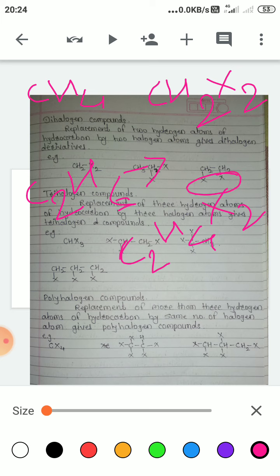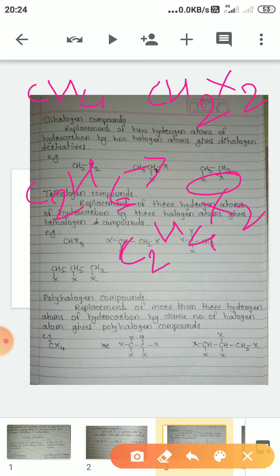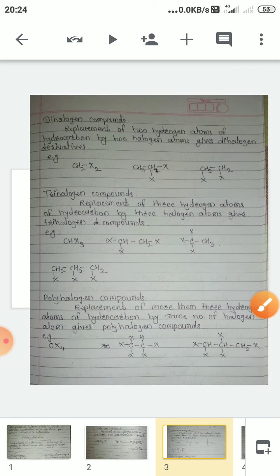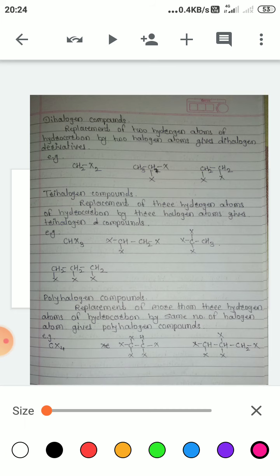Now the next one is trihalogen compounds. Trihalogen compounds means replacement of three hydrogen atoms of a hydrocarbon by three halogen atoms.